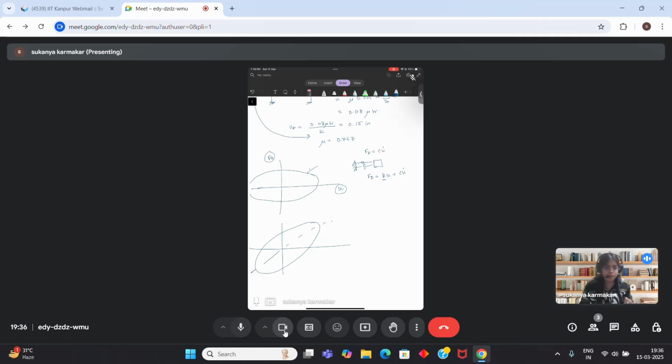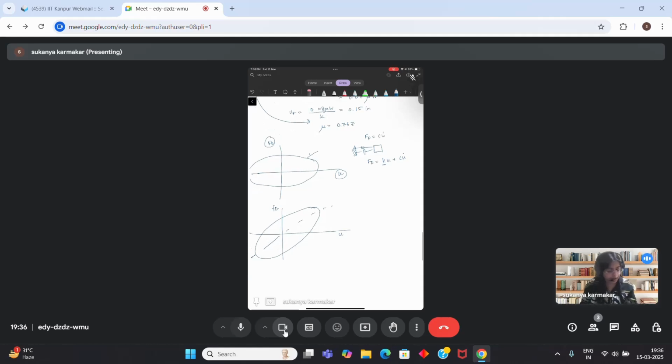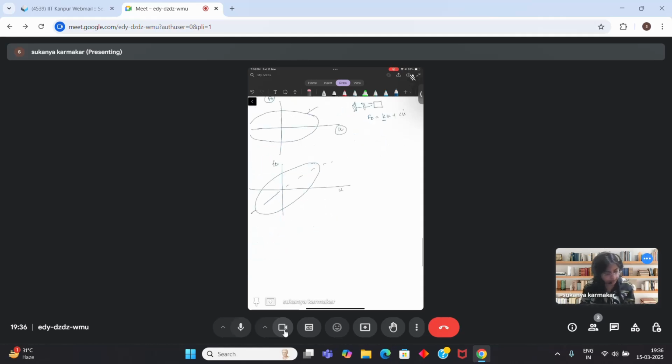Suppose I do an experiment in the lab and I record this energy dissipation with U, and I know that my energy dissipation is something like this. Suppose for this unknown system, I have to do the maths and write the equation of motion.